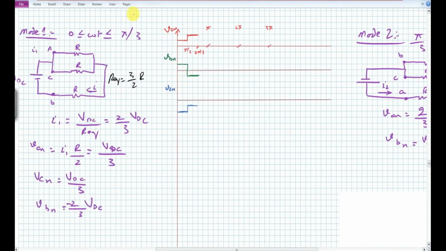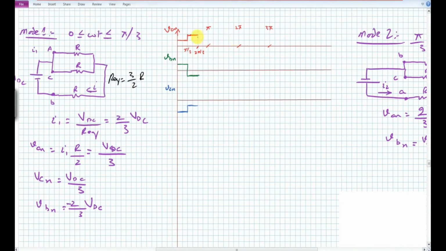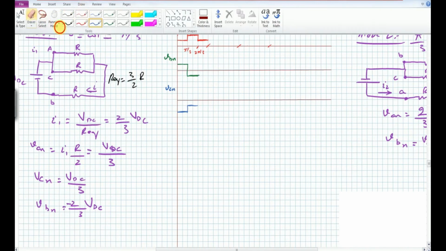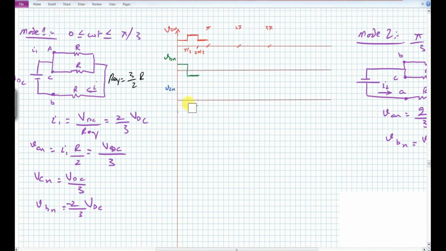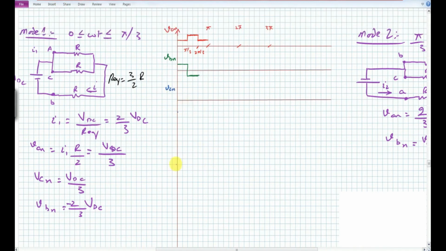So VAN will take on the value equal to this VDC by 3. So we have actually made a little bit of a mistake here. So let us first correct this mistake. VCN at this particular point during the first time interval is equal to VDC by 3.